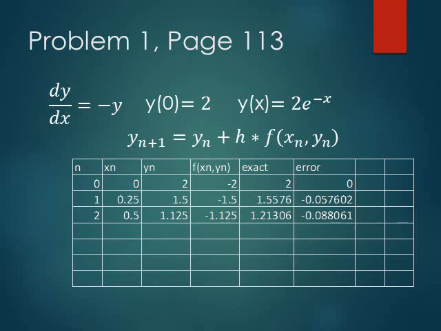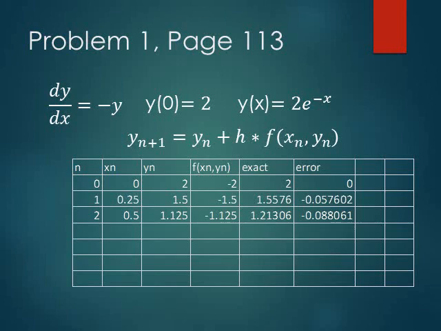And then if I do another step, I go to another step size h, I get to the x value I want to know, and then I do my calculation again. Here's my y of n. I calculate what my function should be at those locations, which is minus 1.5, because my slope is just minus y.